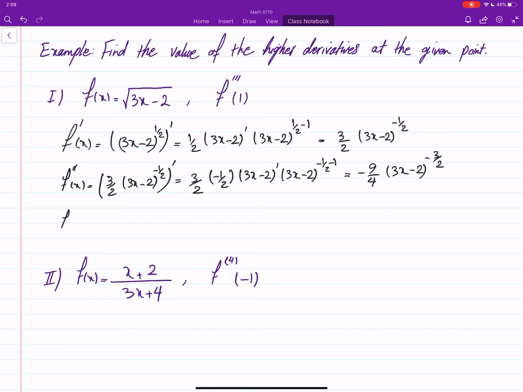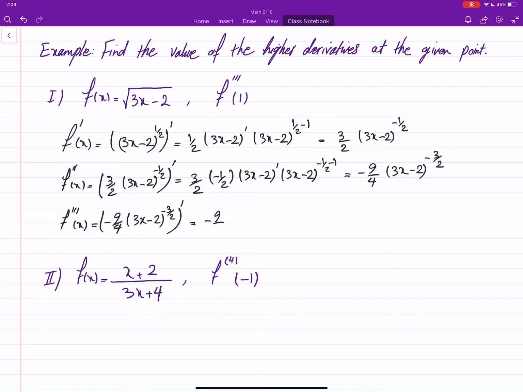How about the third derivative? Well, the third derivative is going to be negative 9 over 4 times (3x minus 2) to the power negative 3 over 2, prime.